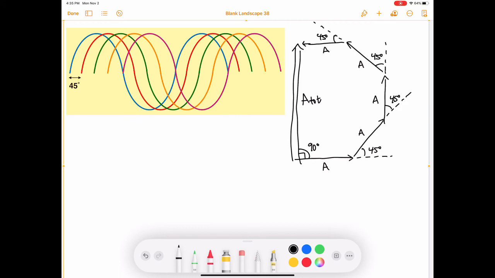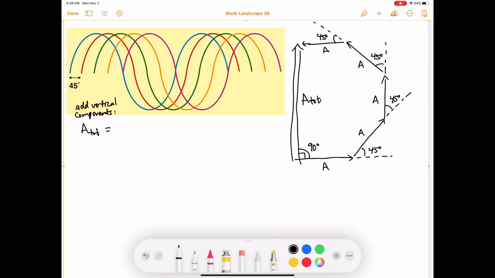Now, if we want to know what A total is equal to, what is the total amplitude? Well, we basically just have to add the vertical components of all the phasors that we drew, because the horizontal components are canceling out. We only get something that's pointing straight up at the end of this process.